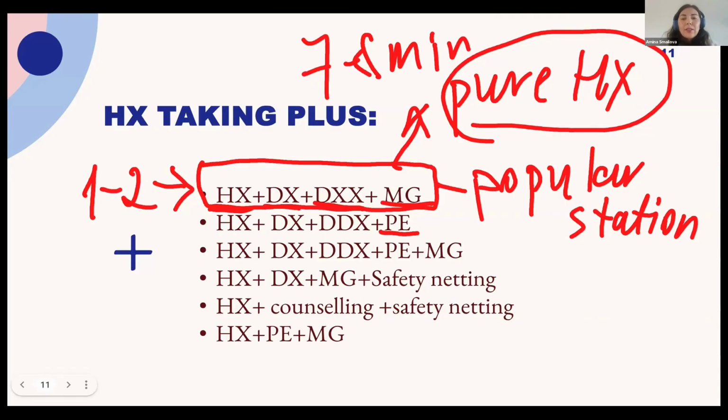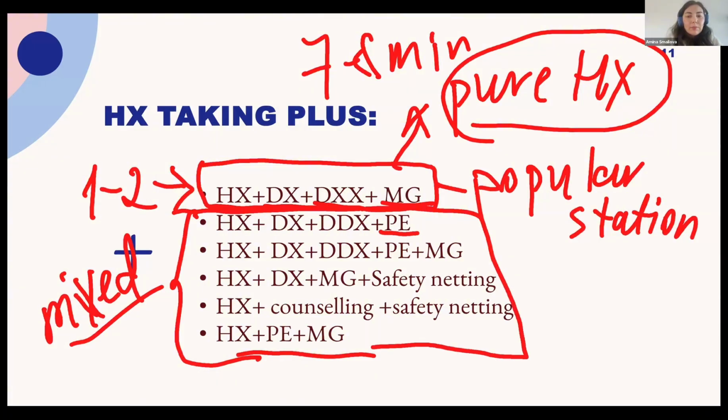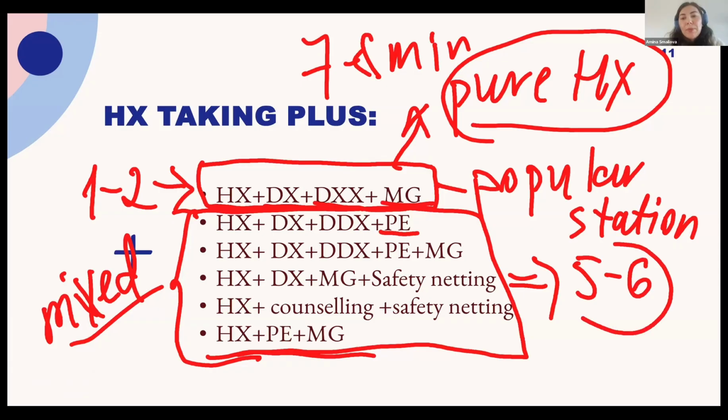History taking, counseling, plus safety netting. History taking, physical examination, plus management plan. So this, I call them mixed stations. And you will get 5, 6 stations that will be mixed stations.